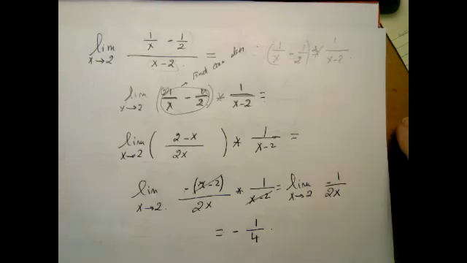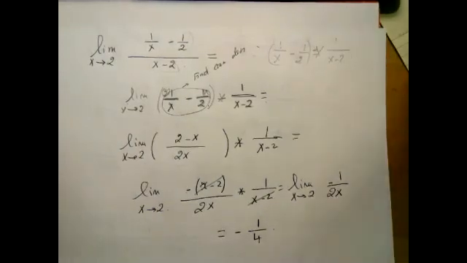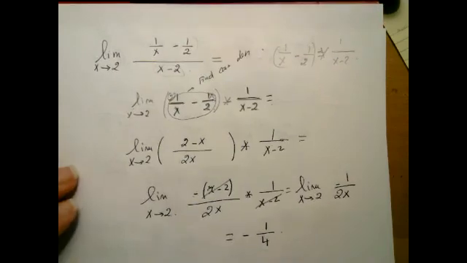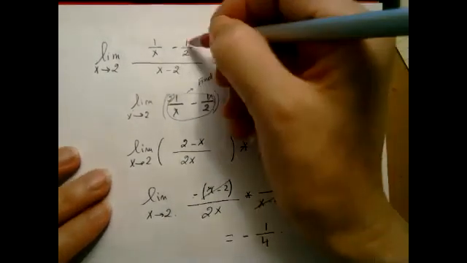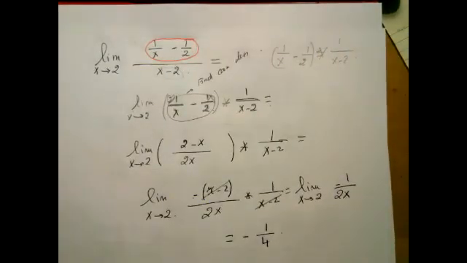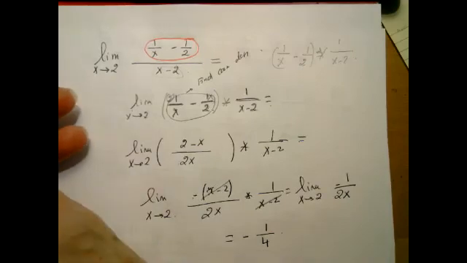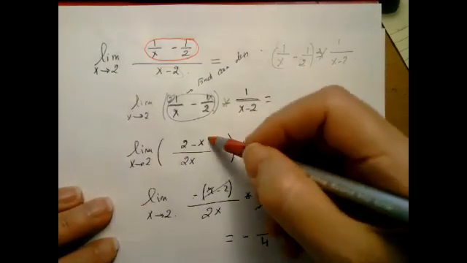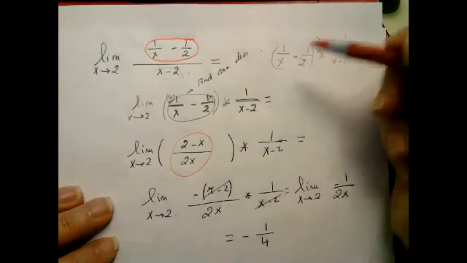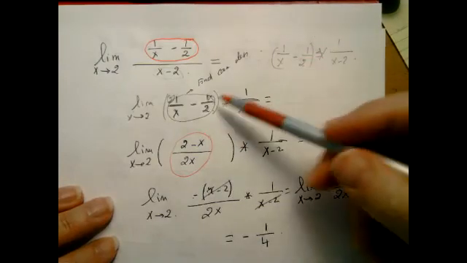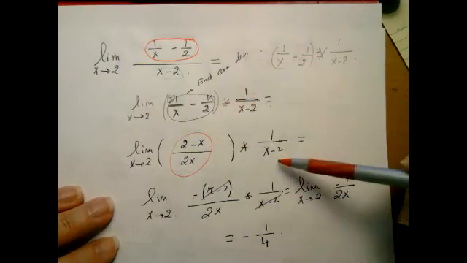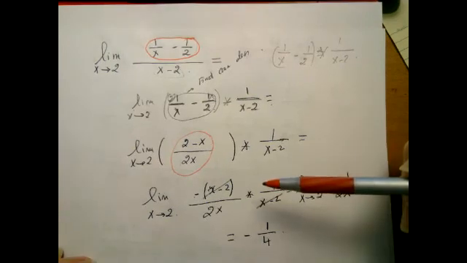Okay, so the main idea here was the following. Find a common denominator in here. Because once we find this common denominator, I can at least simplify the expression a little bit. And that's really what happened here. We found a common denominator, which is 2 minus x, and then we multiplied by the reciprocal of the denominator, which is how we divide fractions.